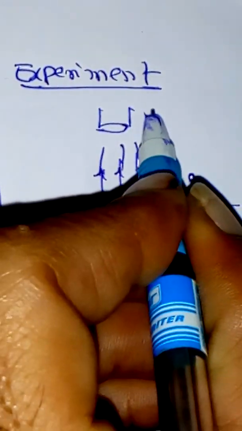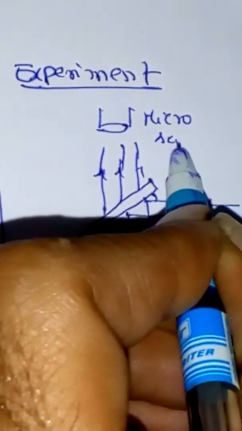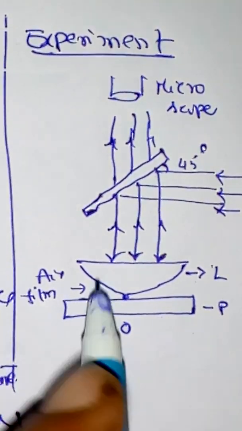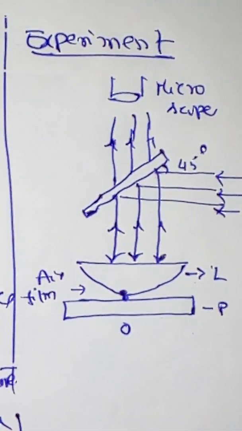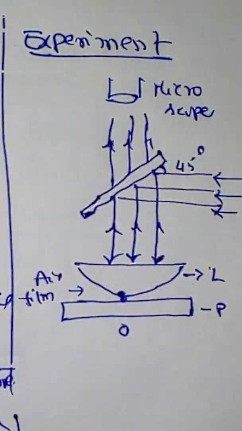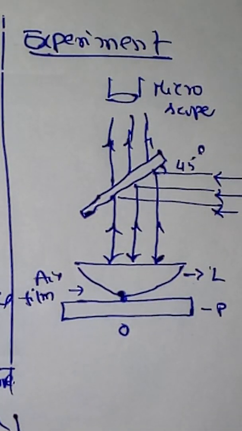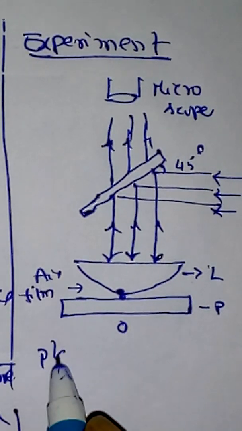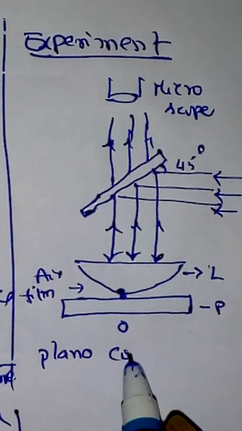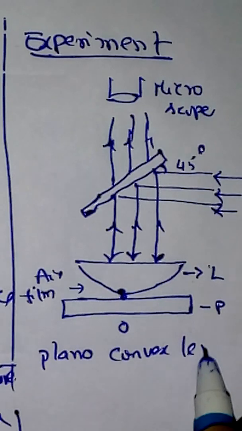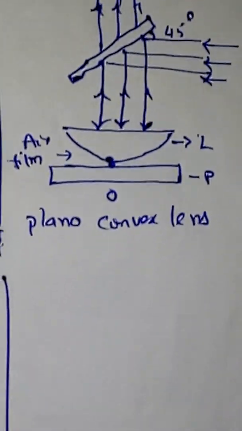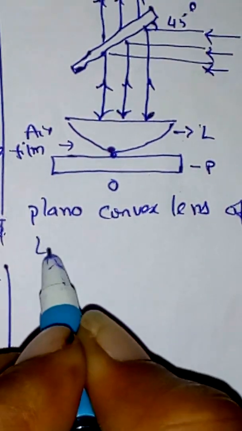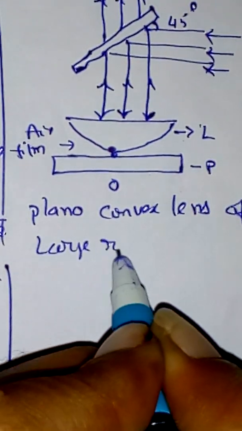So this is what we call the microscope. Now we find fringes here. This is the experimental setup I explained last time. So we are taking a plano-convex lens of large radius of curvature.